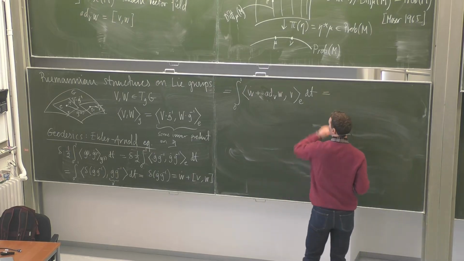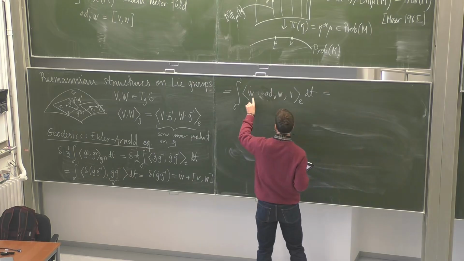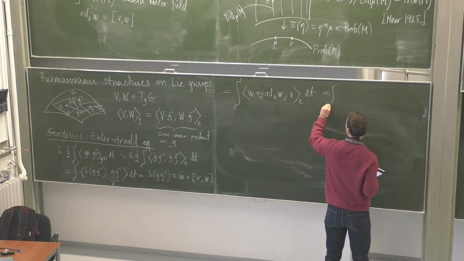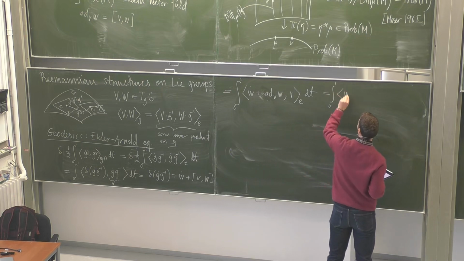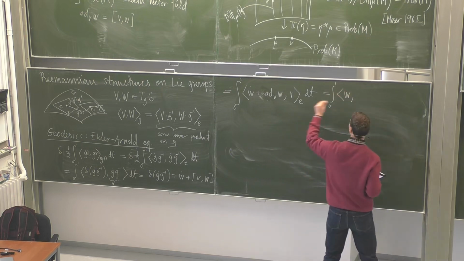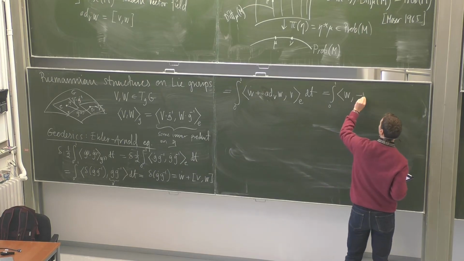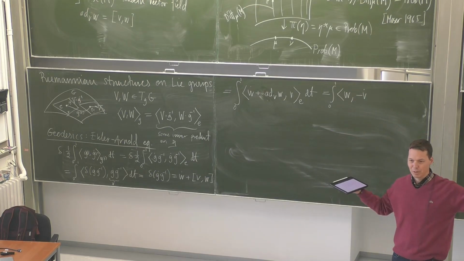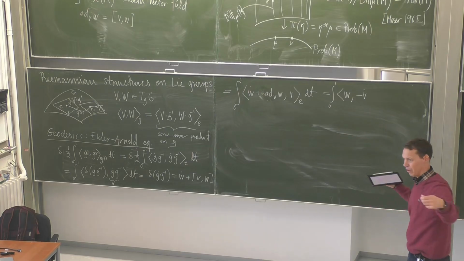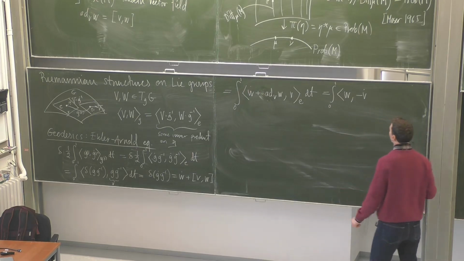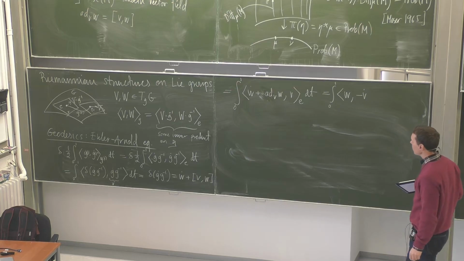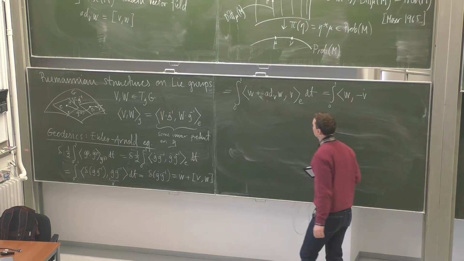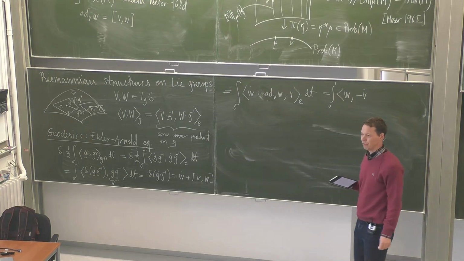So how do I isolate the W? First, here's a time derivative. I can move that over there. I will get something like this, W here, and when I move the time derivative, there's a minus. I don't have to care about the boundaries because I'm fixing the points there, so the variations are going to be 0 at those points. And then what do I do with this thing? Well, let's just do it formally.